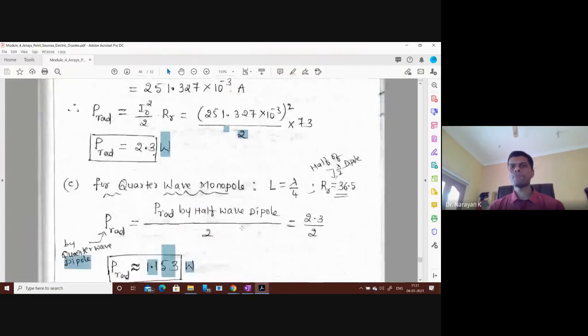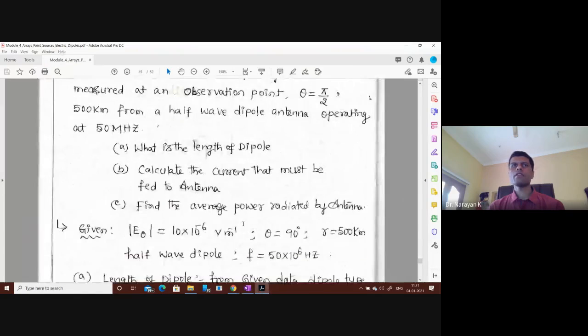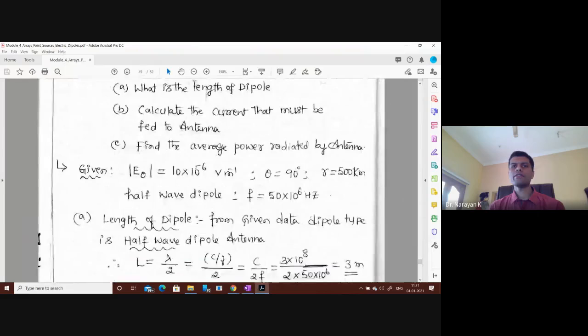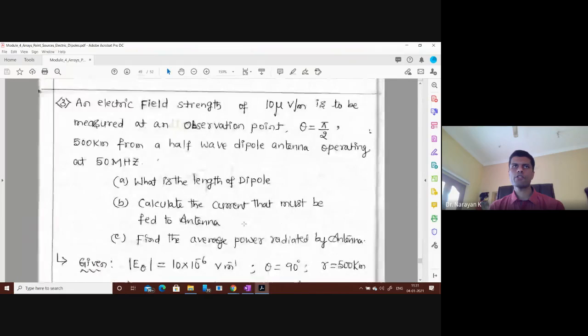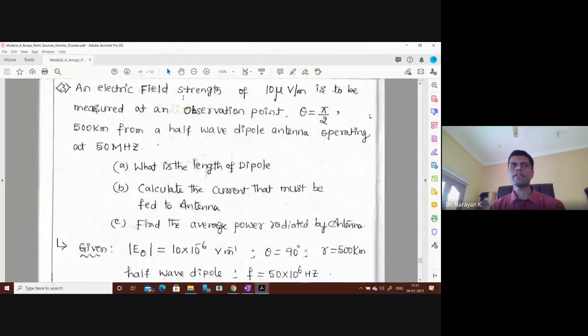Okay, one more question is there. Electric field strength of 10 microvolts per meter is to be measured from observation point theta equal to pi by 2, that is 500 kilometer, from a half wave dipole antenna operating at 50 megahertz. What is the length of the dipole?